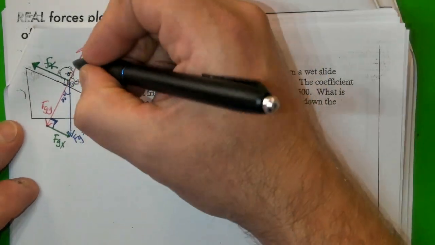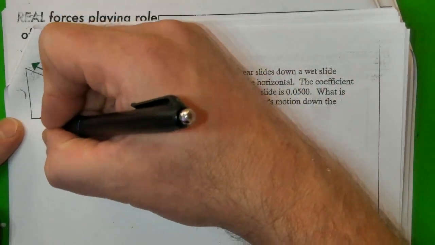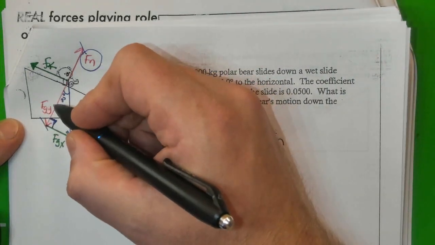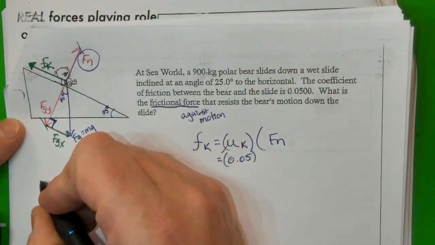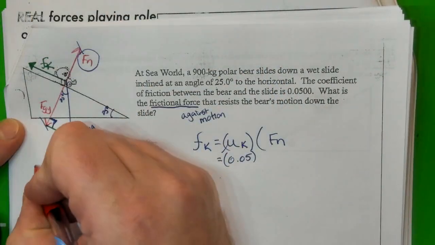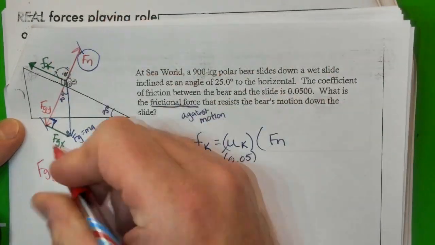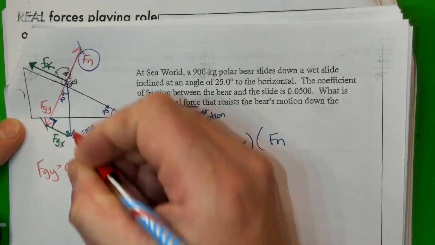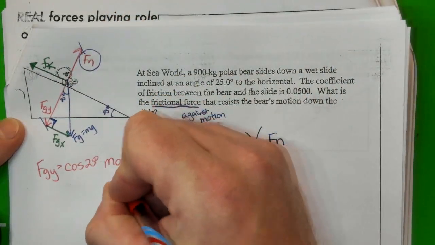And then the normal force: we can see in the picture that it is equal and opposite to the force of gravity. Gravity being a component of this blue vector, FGY is adjacent to the 25, so we would use cosine of 25 multiplied by the hypotenuse of that right triangle, which is mg.